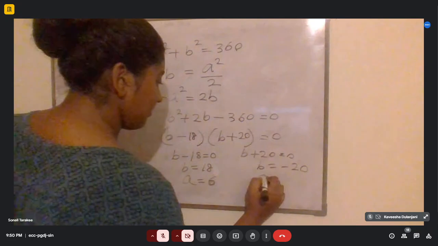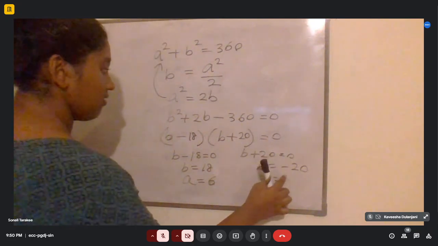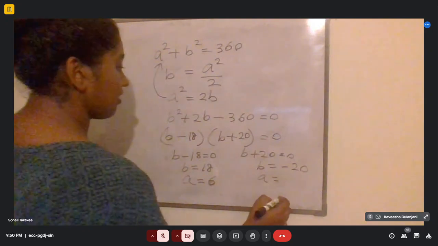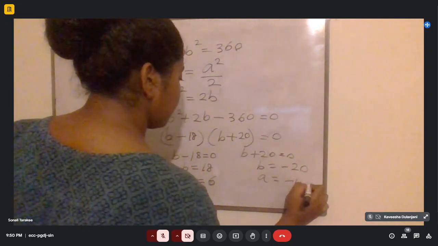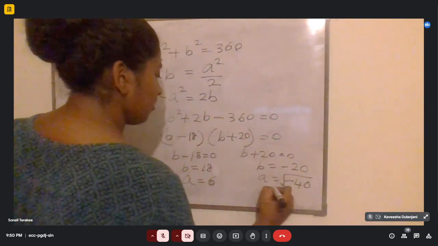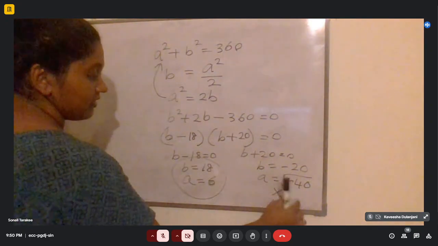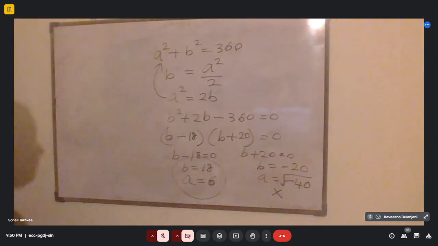And then here minus 20 times 2, 40. Minus 40 square root. You can't take this one. So the value is this one. Because here there is a minus sign inside the square root.